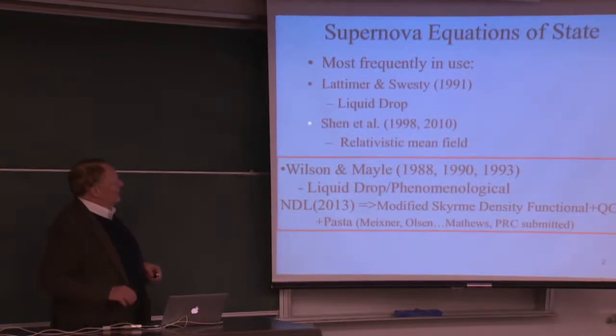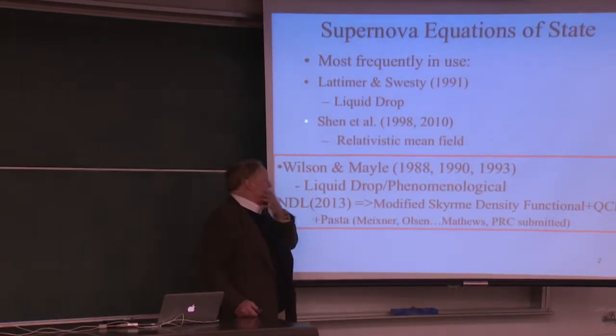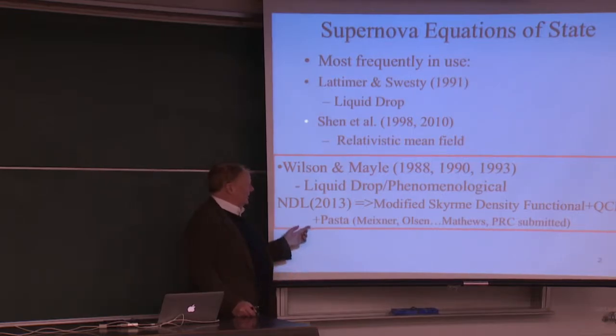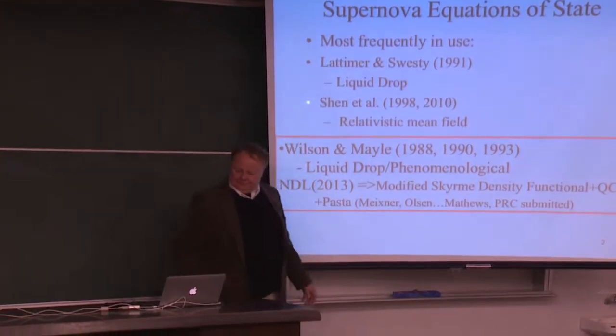What we have tried to do, I and my students, two of which got their PhD thesis working on this, is to actually modify the liquid drop approach into what's called a modified Skyrme density functional.